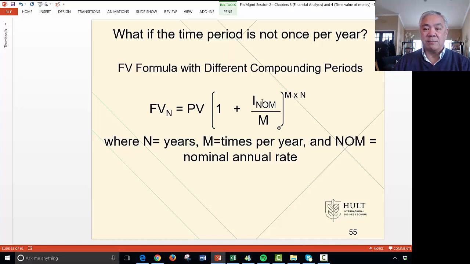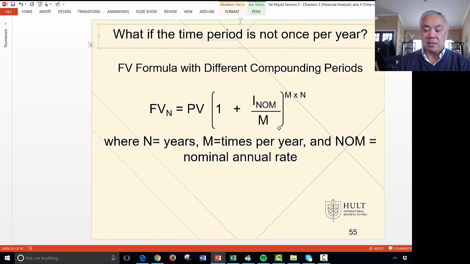So in the past, we use 1 payment per year, so it's simply the rate of interest divided by 1, so that's obviously the same rate of interest. But if it were monthly, it would be the rate of interest divided by 12, quarterly, the rate of interest per year divided by 4, etc., etc. Okay? And the power, when we're doing the compounding, would be the number of times per year, that's M, times the number of years, which is N.